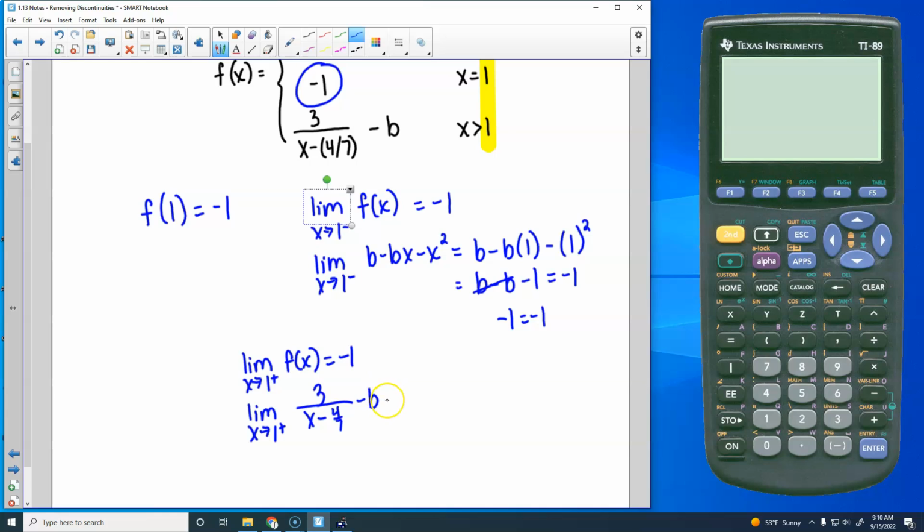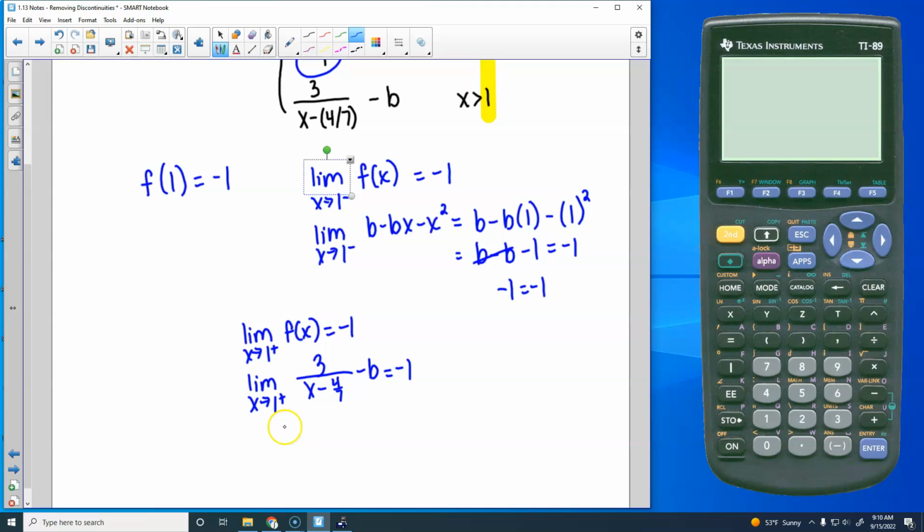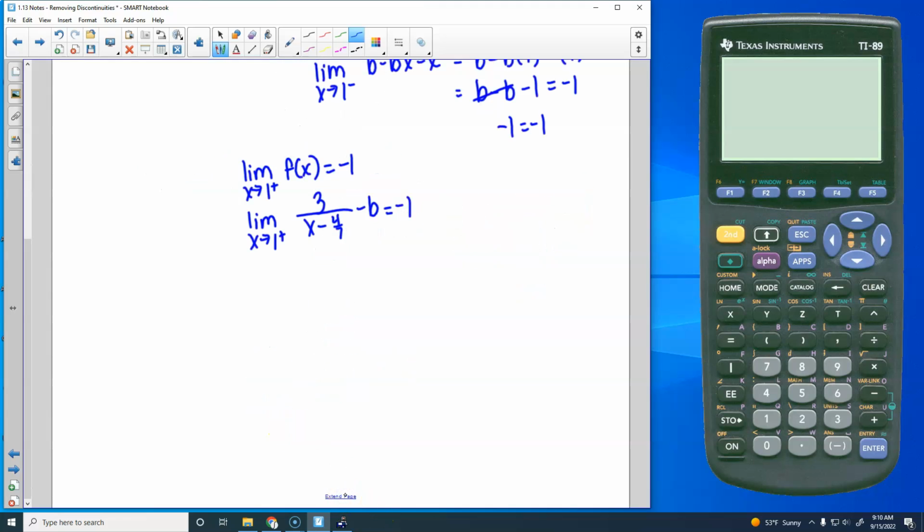This should equal -1. We're plugging in 1 for the x, not the b. So it's 3 over 1 minus 4/7 minus b equals -1.